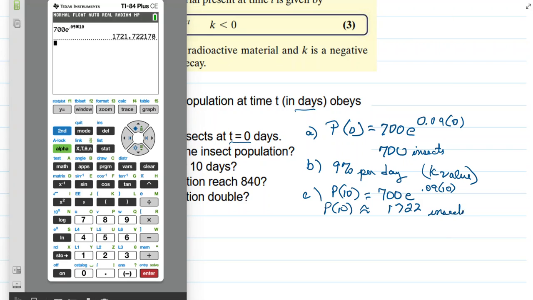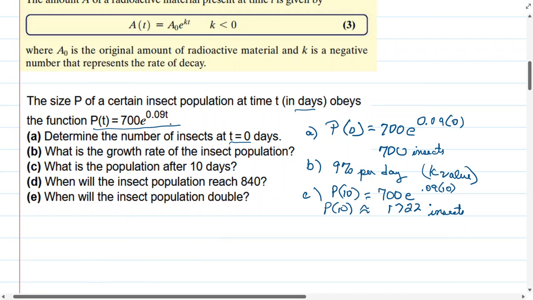But I think it'll accept either the 1721 or the 1722, because this kind of an estimation, they give it a leeway. Is everybody comfortable with that? Okay. But I use rounding rules. All right. So C.